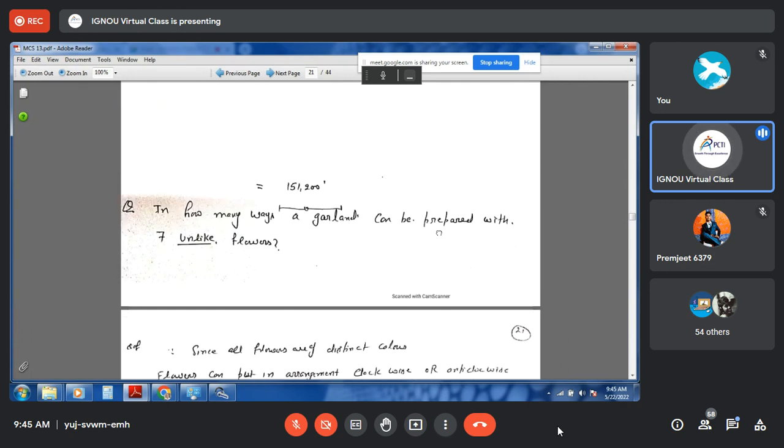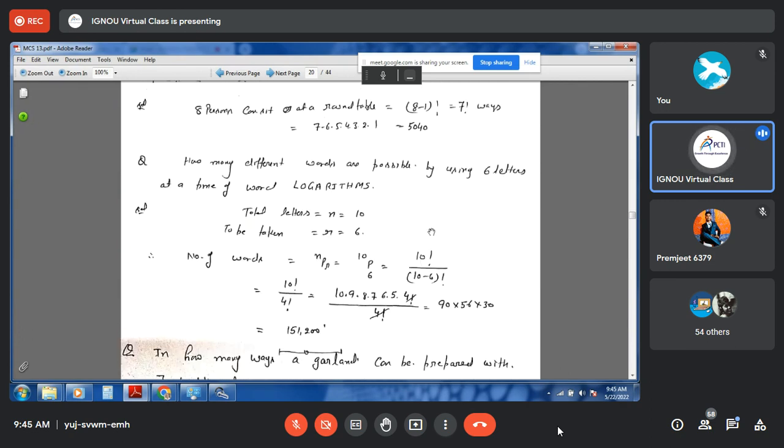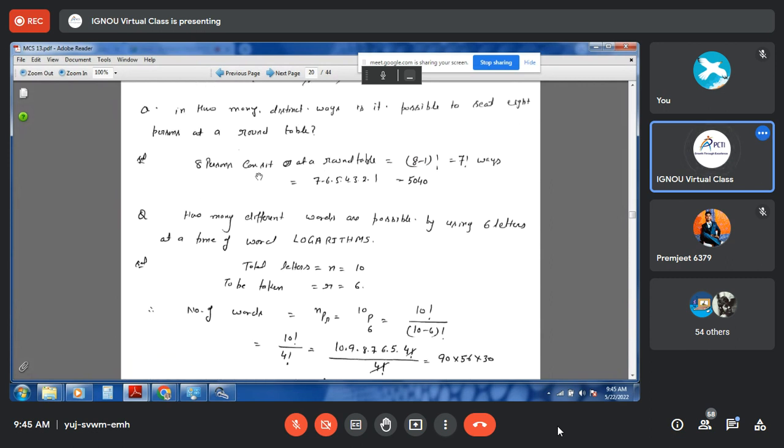That was like this. Here, 8 persons can sit around a round table, 8 minus 1, 7 factorial. In here, the question is, you may ask, why in this case is there not clockwise or anti-clockwise?